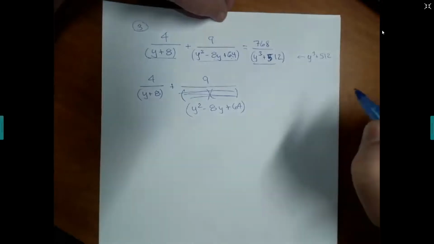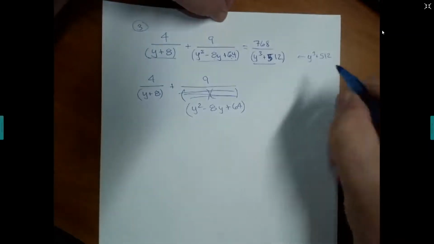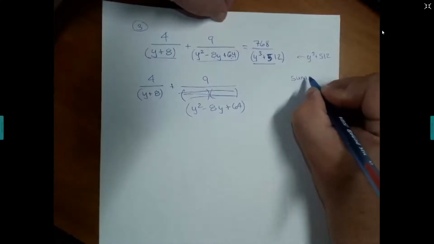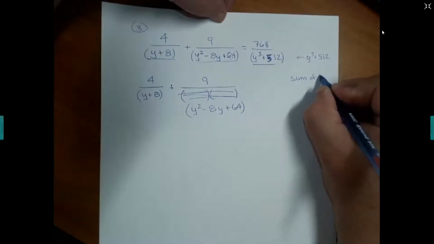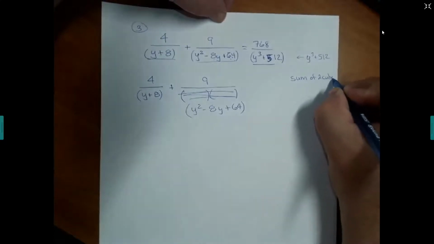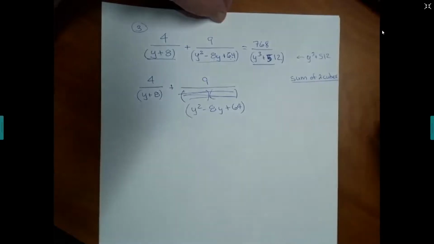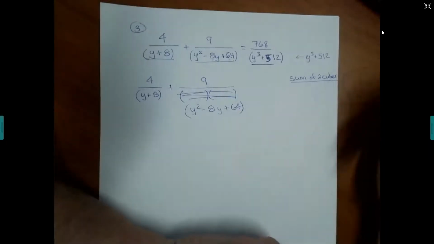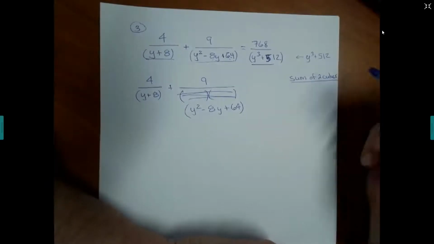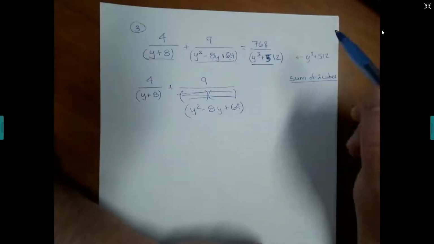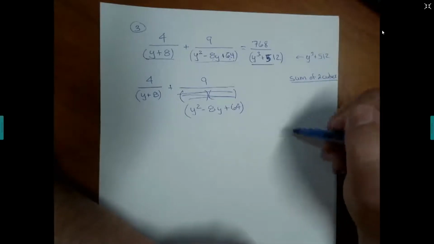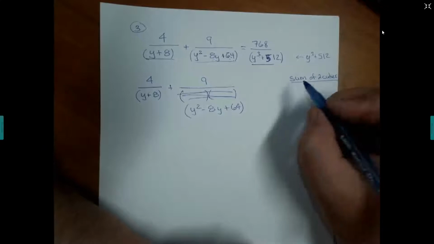Now look at this now. The sum of two cubes. Remember we had the difference of two squares? Well, because cubics can be positive or negative, we have two different types. We have the sum of two cubes and we'll have a difference of two cubes.